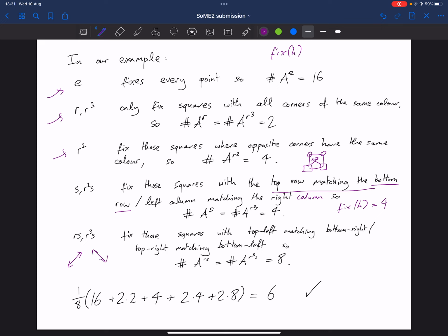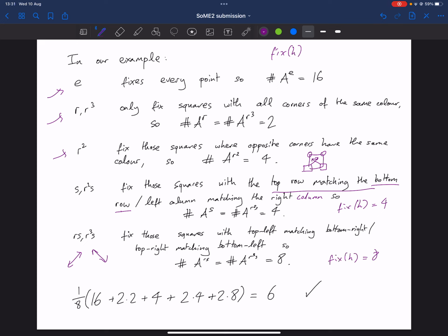And here, for RS in particular, we need the top left corner matching the bottom right corner, which means we have 3 choices of colours. And similarly for R cubed S, the top right corner matches the bottom left corner. That means we again have 3 choices of colours. So in each case, fix of H is 2 cubed, which is 8.